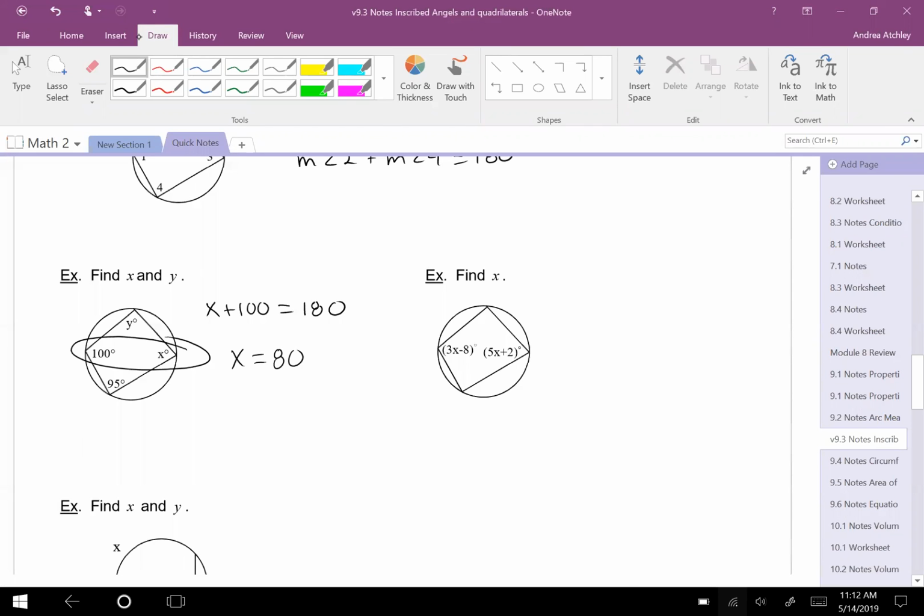Now y is going to be the same thing. Y and 95 are opposite each other, so y plus 95 should equal 180. I should get y equals 85 degrees.